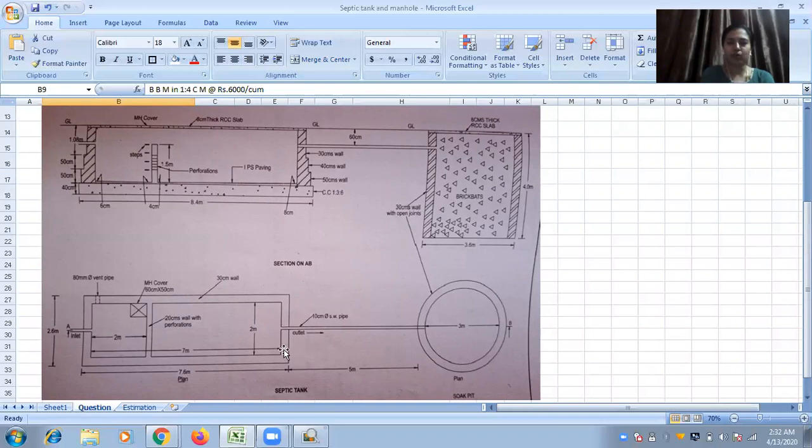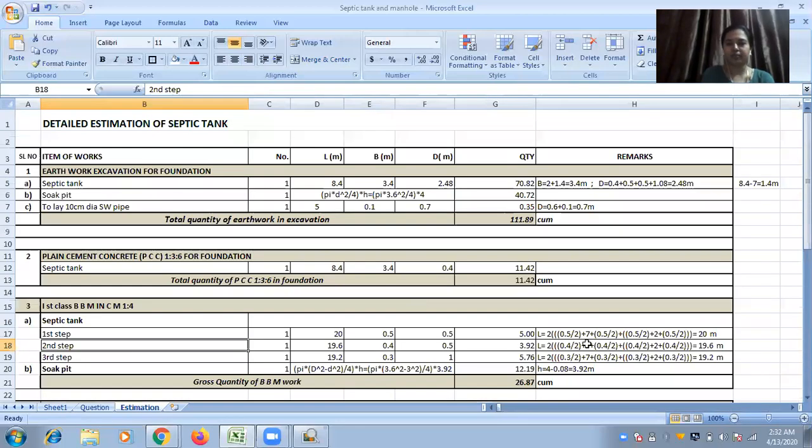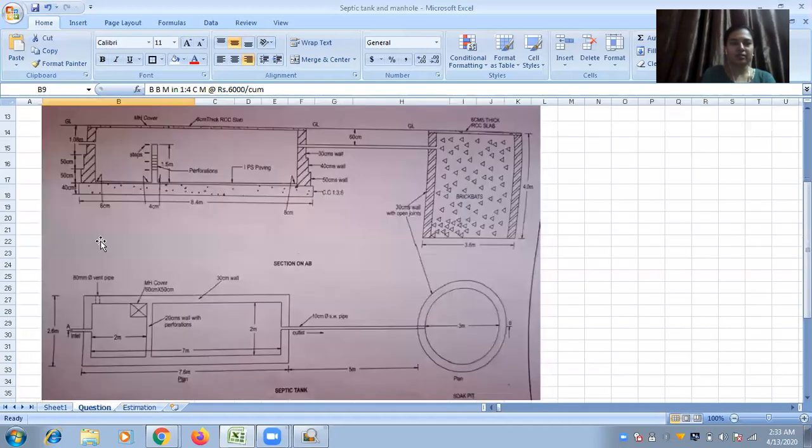Instead of 0.5 by 2, you have to take 0.4 by 2 for the same calculation. 2 into (0.4 by 2 plus 7 plus 0.4 by 2) plus (0.4 by 2 plus 2 plus 0.4 by 2), everything multiplied with 2. That is 19.6 meters. Length will be 19.6. Wall thickness is 0.4. Depth is 0.5 again here.